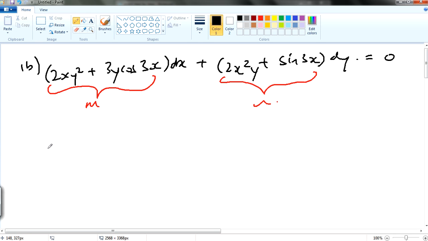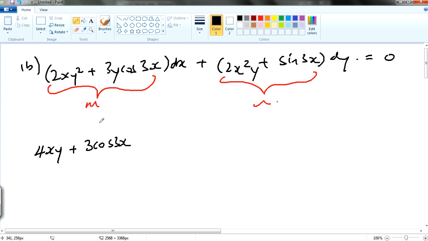Therefore, you'll get 4xy plus 3 cosine 3x.